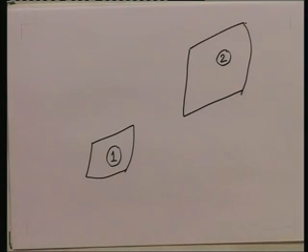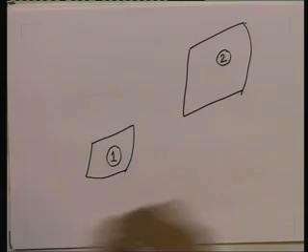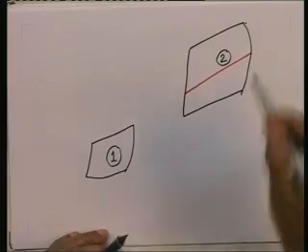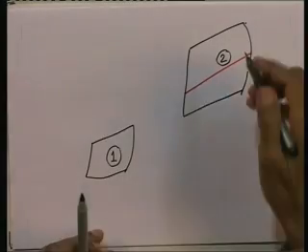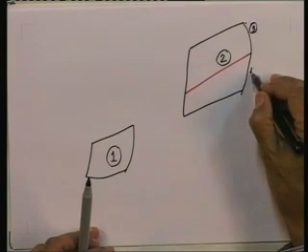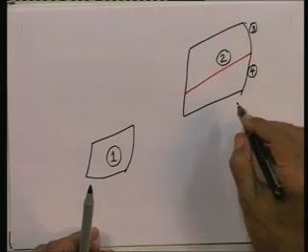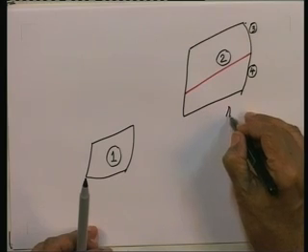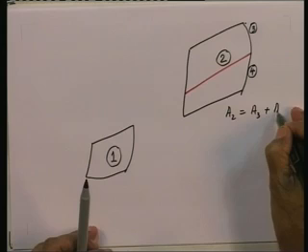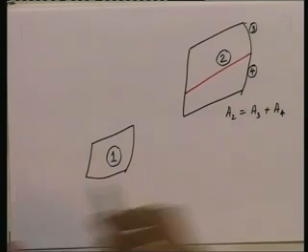And let us say I break up the surface 2 into two parts like this. I call this surface 3, this is surface 4. That means A2 is equal to A3 plus A4. The two surfaces 3 and 4 make up the surface 2.